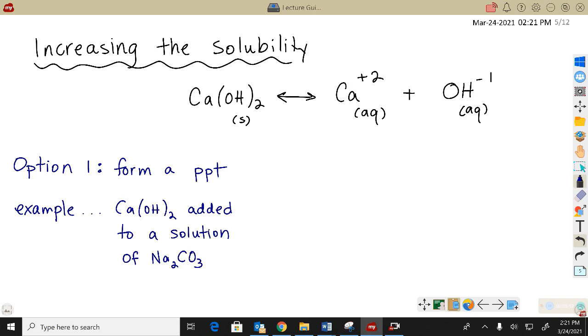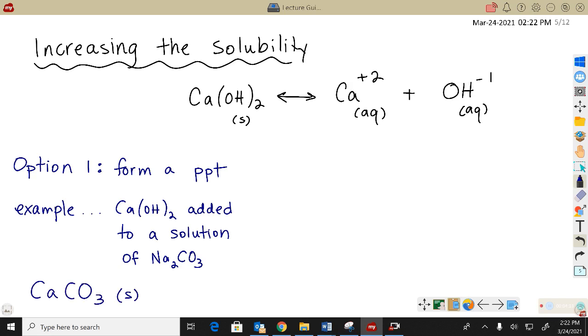Well, sodium is not part of this equation, and sodium can't react with anything. Sodium is aqueous with everything, 100% aqueous with everything. But carbonate is a negative ion, and it could potentially react with something like calcium and form calcium carbonate solid.